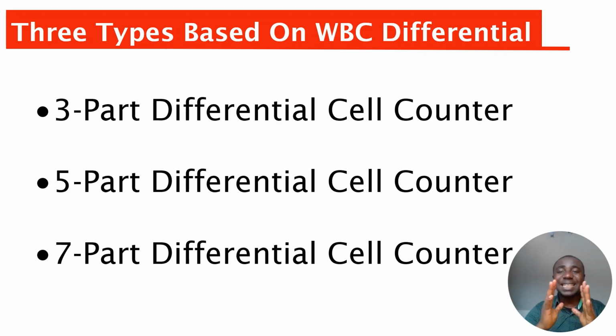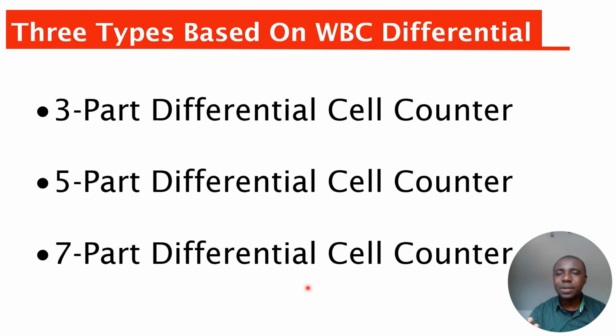So I've called it 3 types based on white blood cell differential count. In a hematology analyzer, like a full blood count analyzer, you have a 3-part differential cell counter, a 5-part differential cell counter, then a 7-part differential cell counter.